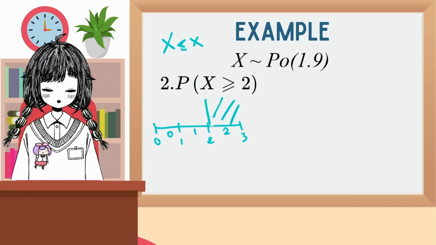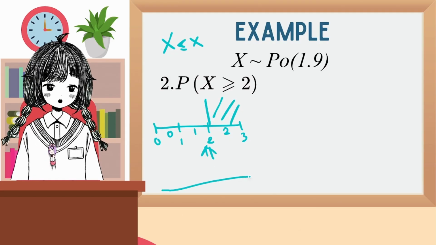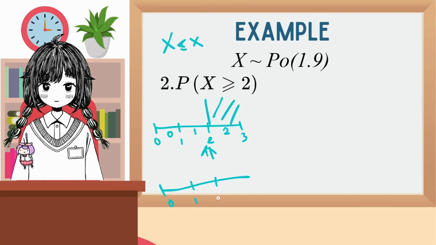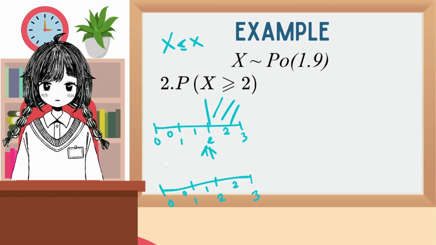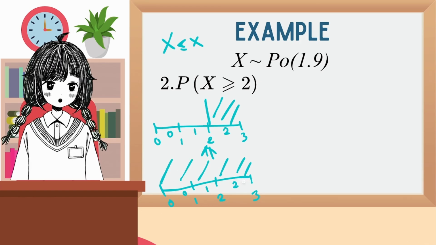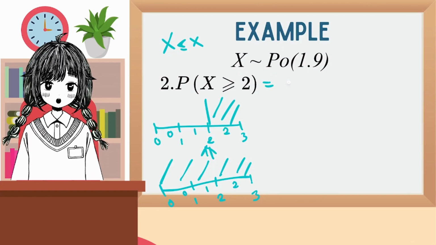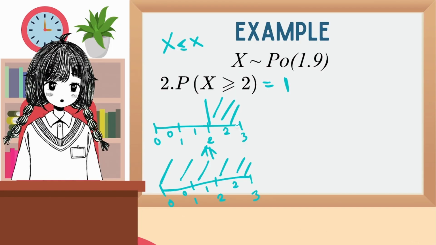So what we do is we take the whole probability, which is equal to 1. The 1 will be part of our calculation. For our final graph, we want the part above.